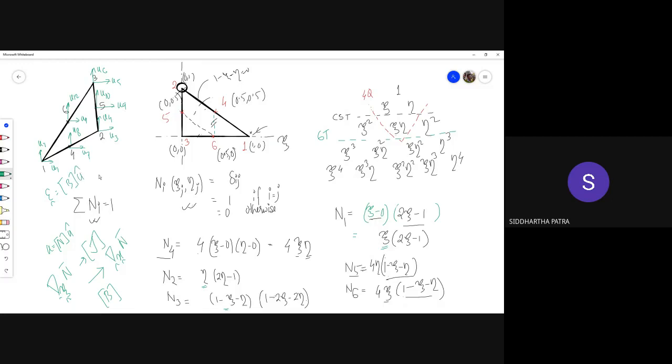And eventually your element stiffness matrix is the integral of B transpose D bar B d omega.